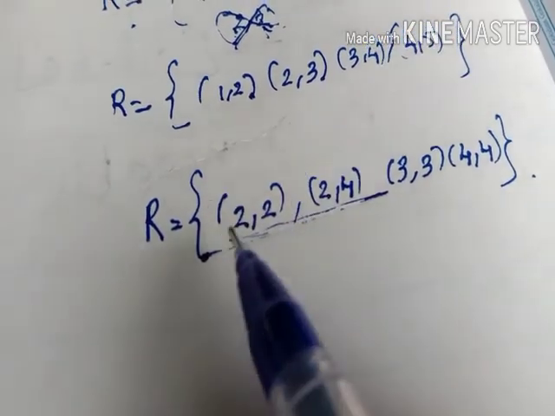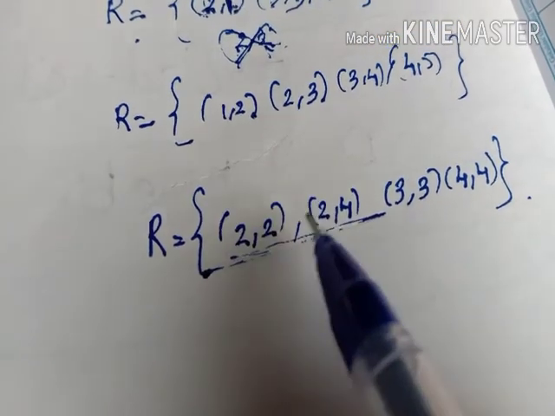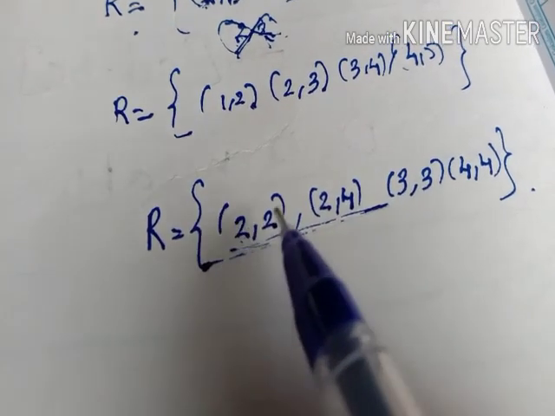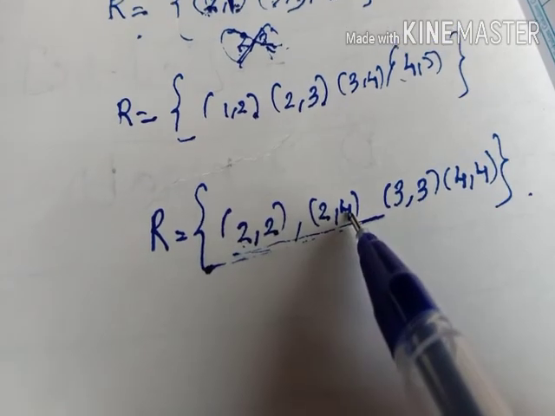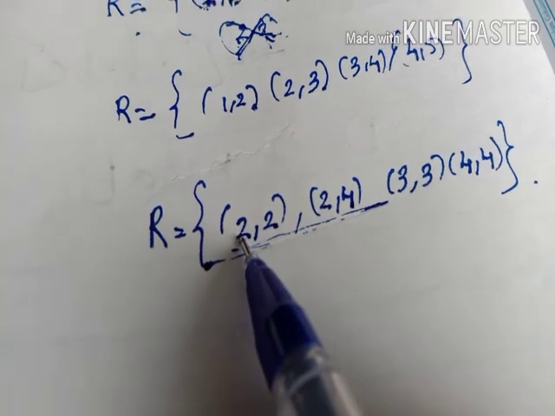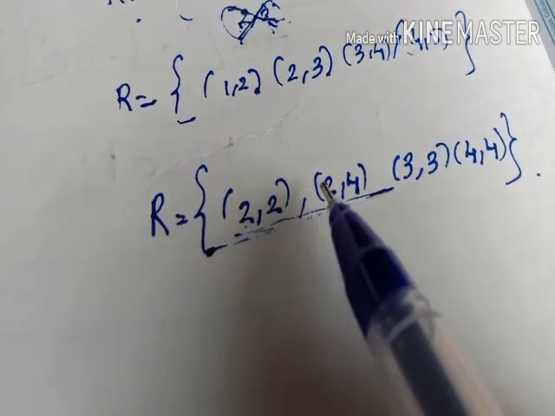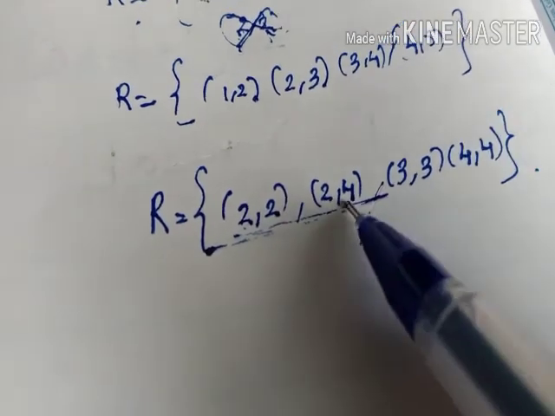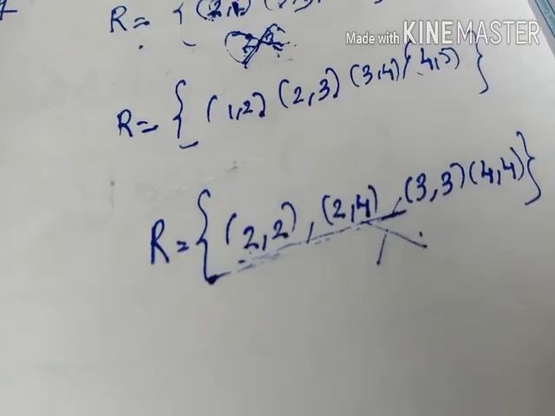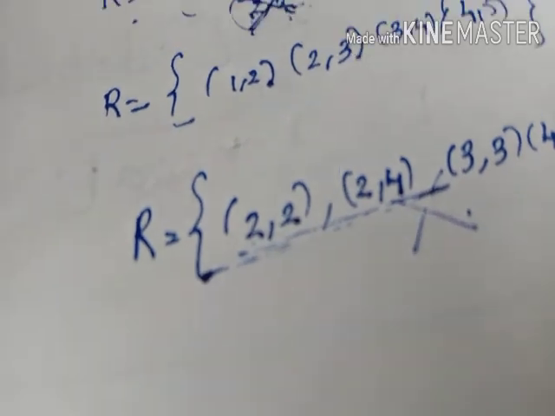Here the image of 2 is 2 and here the image of 2 is 4, so 2 has 2 images. It is not possible because by our definition every element of A, that is every x element, has one and only one image. Therefore this relation is not a function. In this manner we can easily identify whether a given relation is a function or not.